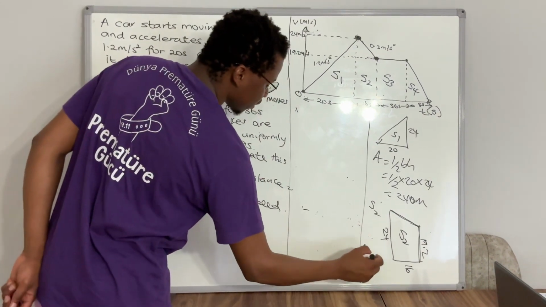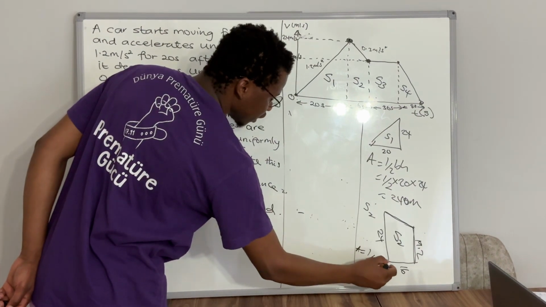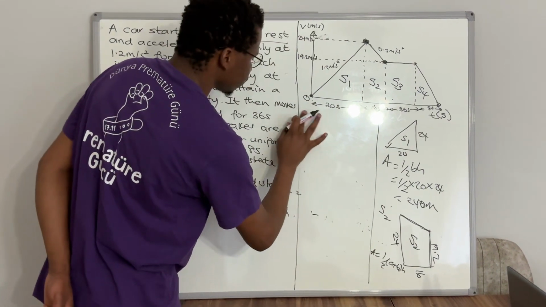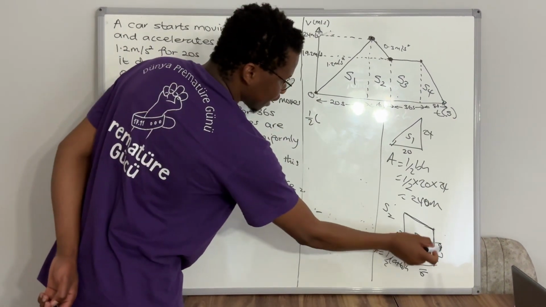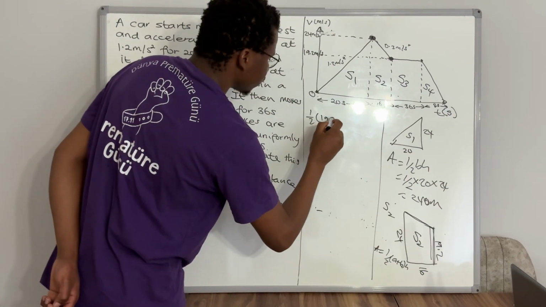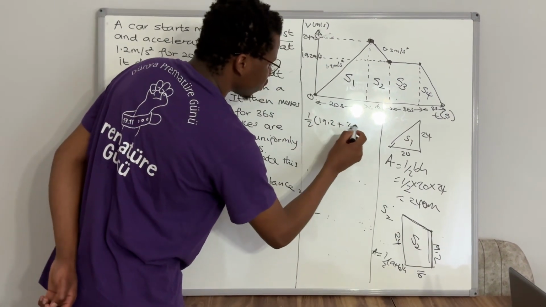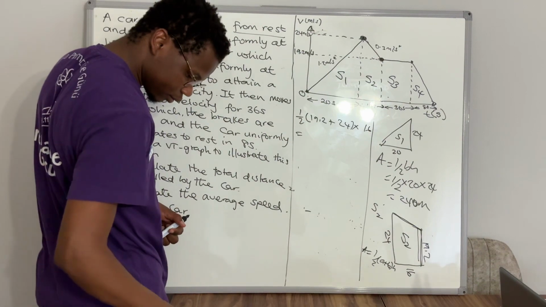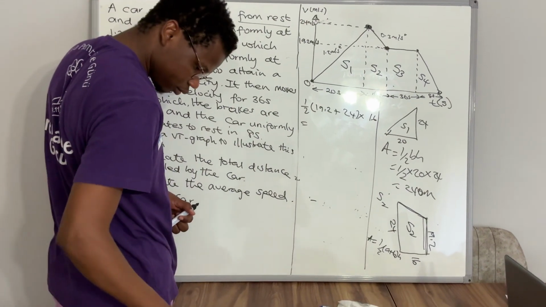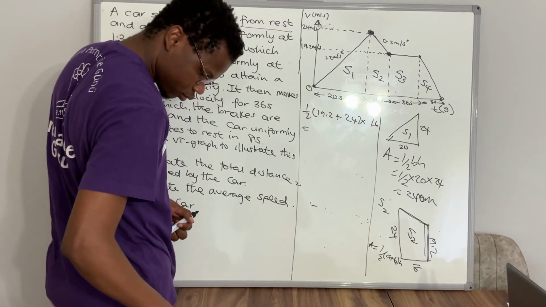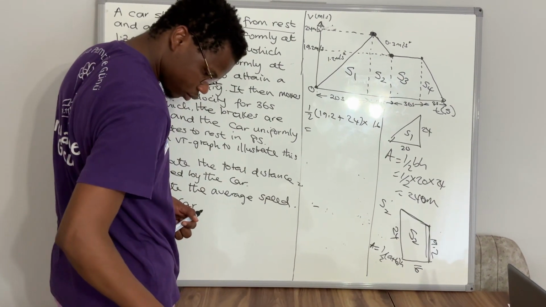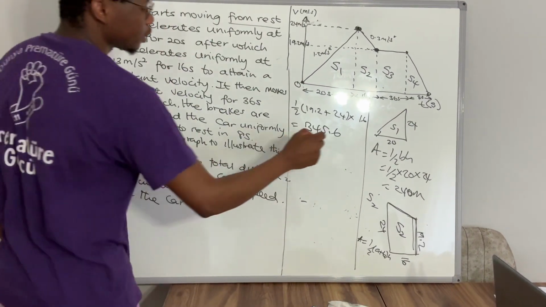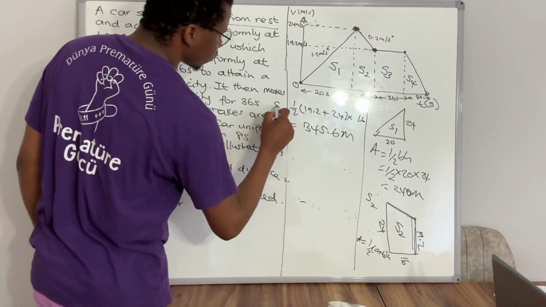Area of a trapezium is half (a plus b) times h. So that will be half, where a is this length, 19.2 plus 24, multiplied by the height, which is 16. And what do we get from that? We get 345.6 meters. That is S2.